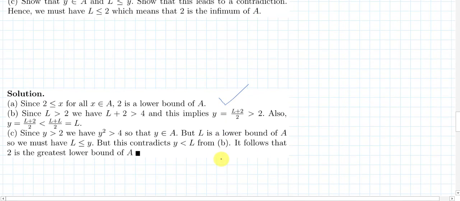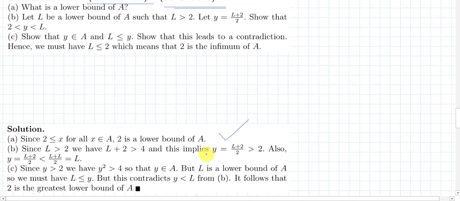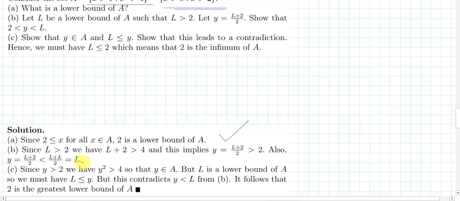And the next step, since L is greater than 2, however this is a lower bound, and we have L plus 2. If we add 2 to both sides of our inequality, we get L plus 2 is greater than 4. And it's implied that Y, which is L plus 2 over 2, will be greater than 2.